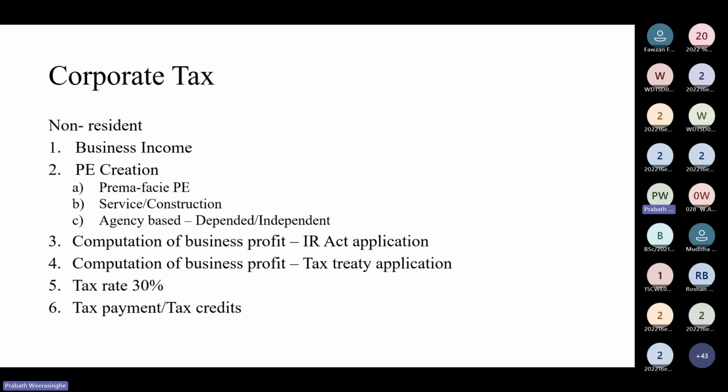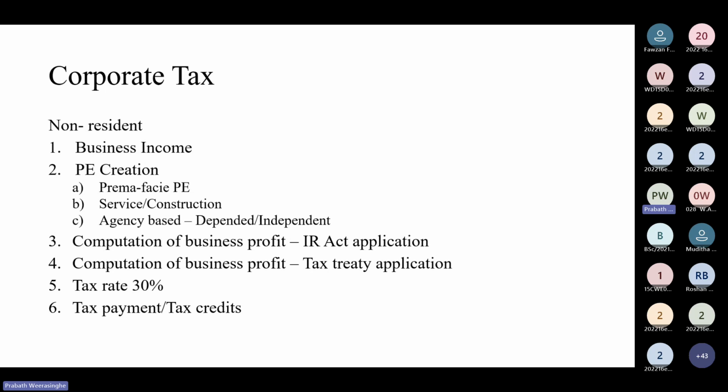If it is a permanent establishment, that particular income has to be worked out separately, as a distinct entity, and that entity is liable for tax as a corporate. Right? Say a foreign or offshore company is setting up a branch office in Sri Lanka.